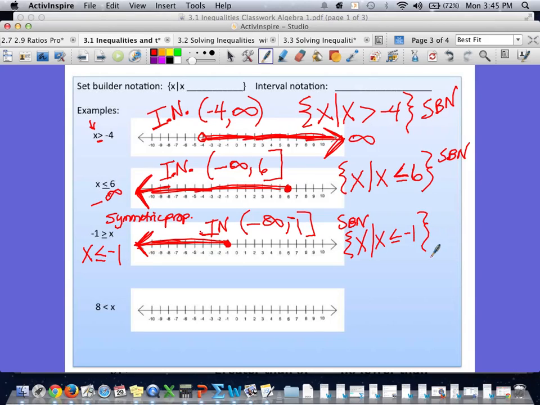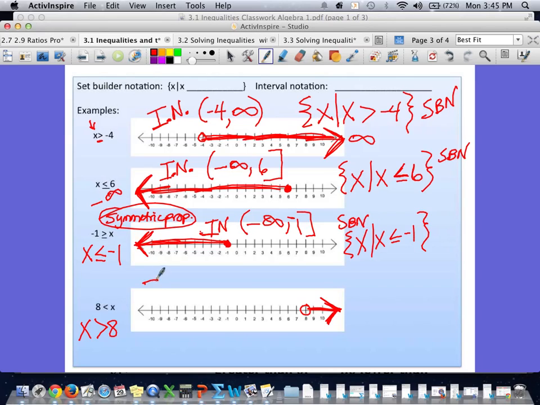Okay? And the next one, we'll flip that around with this property. So that'll be x, and it's going to be greater, because the greater part's going towards the x, and 8. Because it has a greater than, it's an open circle at 8, and it is greater than 8, in this way.